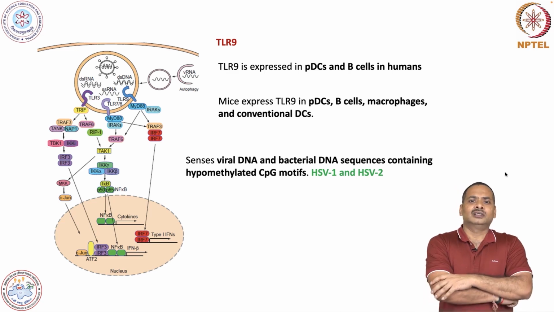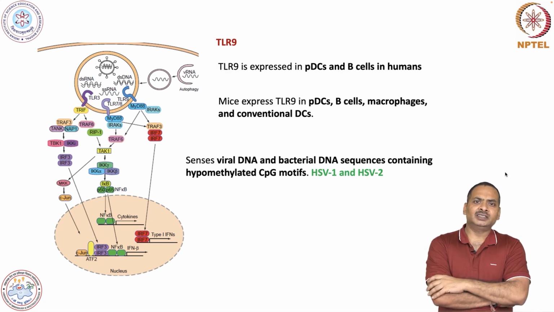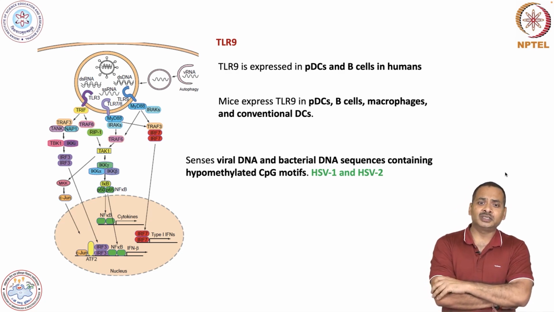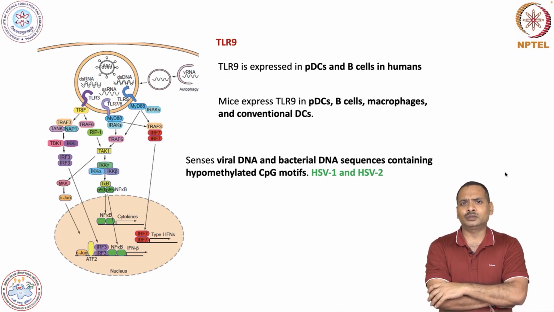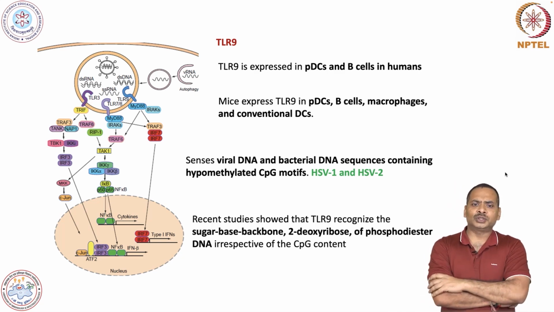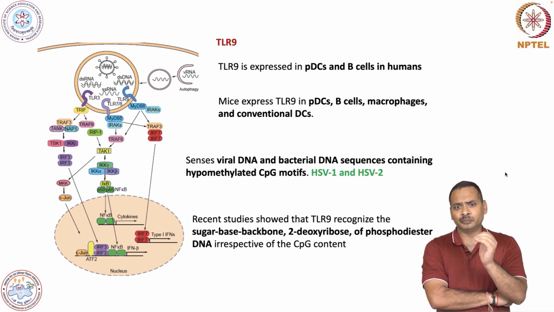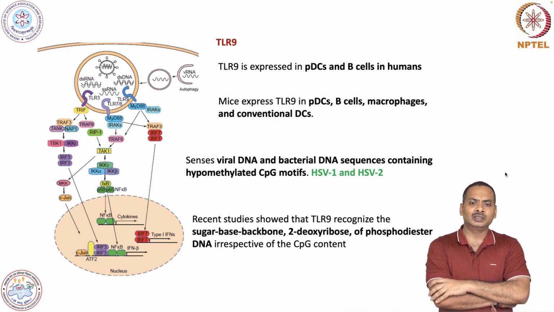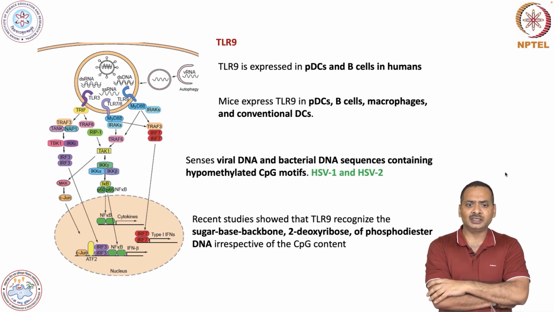So it senses viral and bacterial DNA sequences containing hypomethylated CpG motifs, for example derived from HSV1 and HSV2. And a recent study showed that TLR9 recognizes the sugar backbone, the 2-deoxyribose of phosphodiester DNA, irrespective of CpG content.